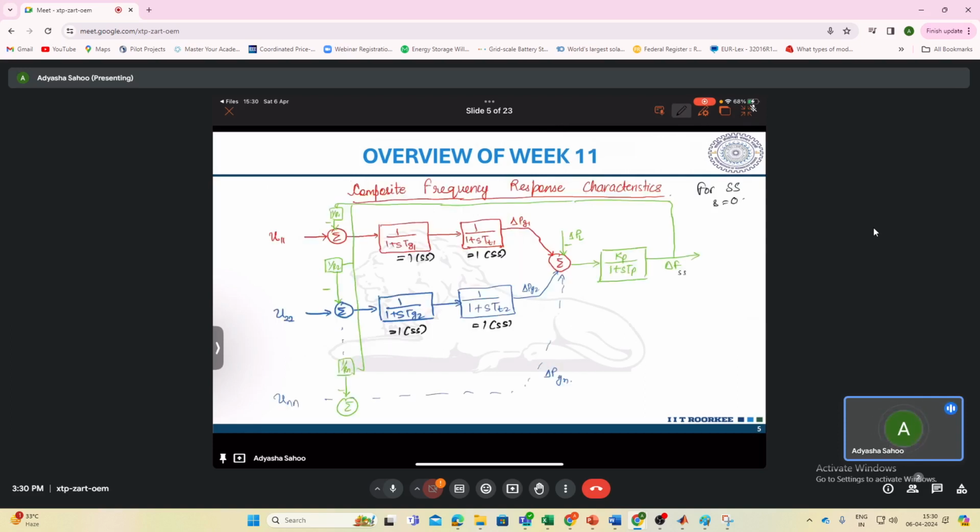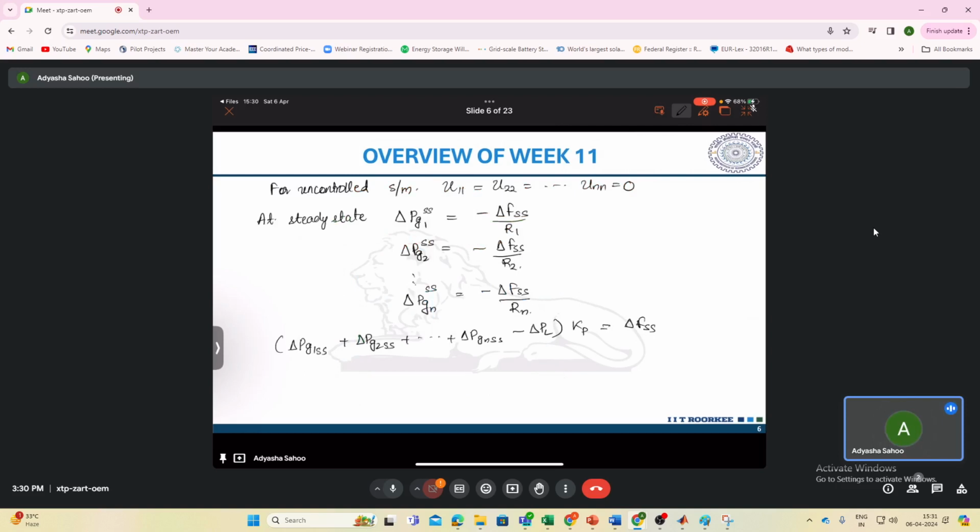Basically at this node we are writing the sum of all the generations, this Pg1, Pg2 and Pgn minus PL, that is input to this. Here again S is 0 means this will be Kp at steady state. So this multiplied by Kp is your delta F steady state.